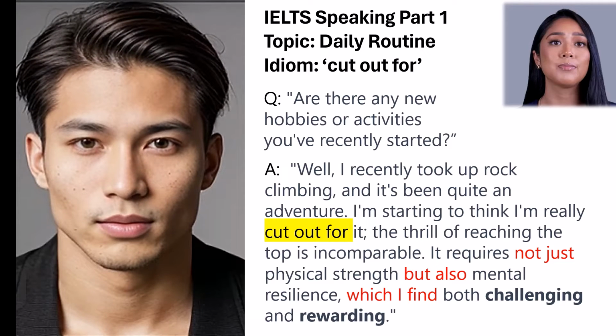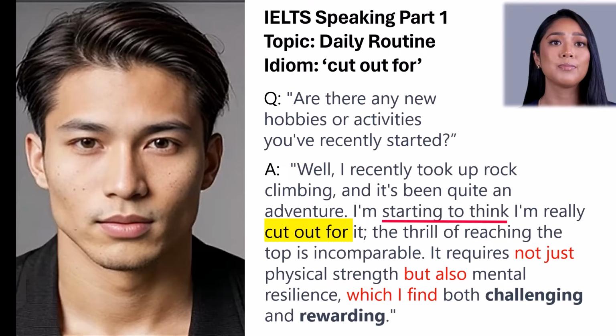The idiom "cut out for" is effectively used to express suitability or natural inclination towards an activity, aptly fitting the context of starting a new hobby, which aligns with the expectations for Band 9 idiomatic language use in the IELTS speaking test. The answer includes a verb, starting to think, indicating the speaker's growing belief in their aptitude for the hobby.